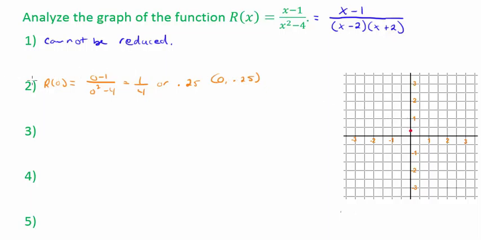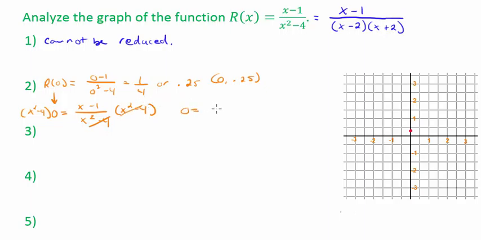The second point that we would like to find are any x-intercepts. To do this, we set y, or essentially our output r of x, equal to 0, which is equal to x minus 1 over x squared minus 4. To solve this, we would multiply both sides by the denominator, x squared minus 4, and 0 times x squared minus 4 does in fact equal 0.